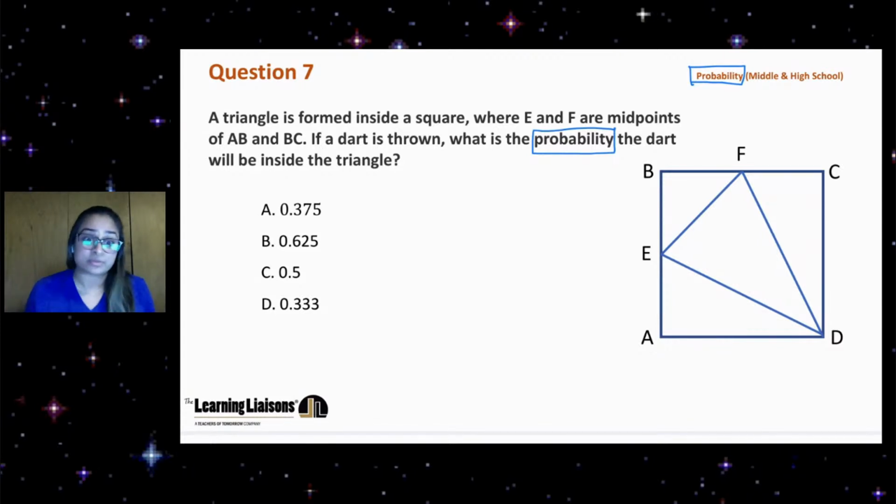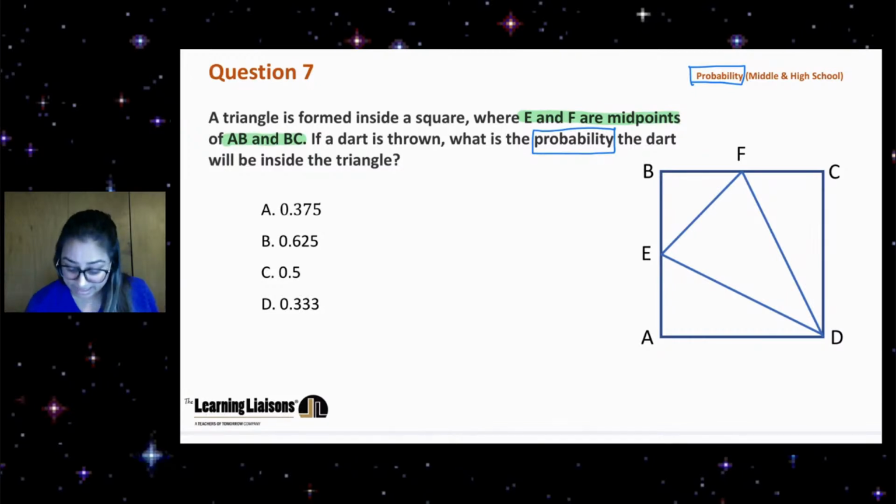I'm staring at the problem and I'm going, well, what am I supposed to do? I don't have anything to work with. All I have is a square and a triangle. What do I do? Well, we go back to the problem and try to figure out what they told us. They did tell us that E and F are midpoints of AB and BC. Well, what does that mean?